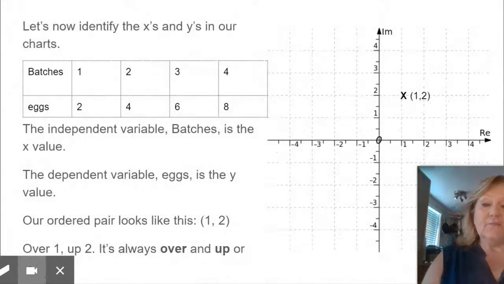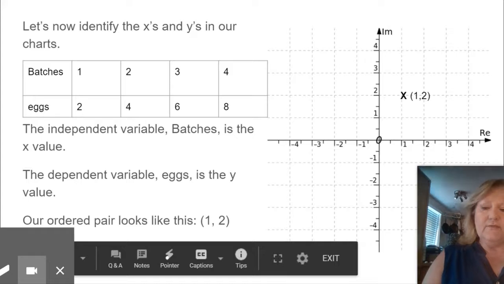So let's take a look at what this looks like when I'm graphing both an X and a Y. I've already determined that my batches is my independent variable. Therefore, my batches represents the X values. My eggs are my dependent variable, which represents the Y value. If you look back at how our X's and Y's were put together, they were put together in parentheses.